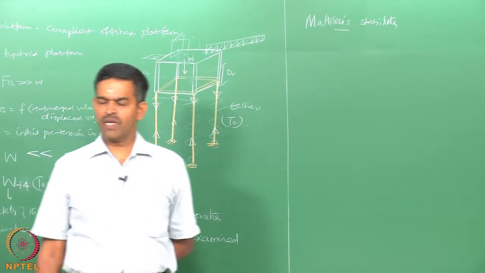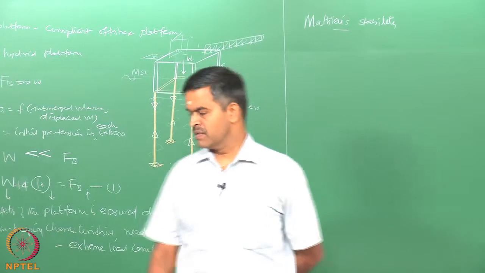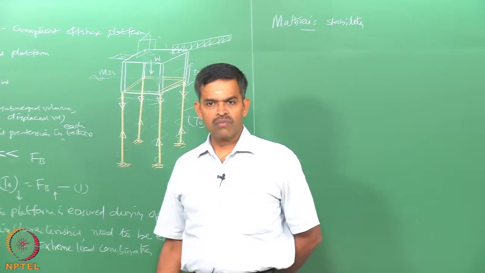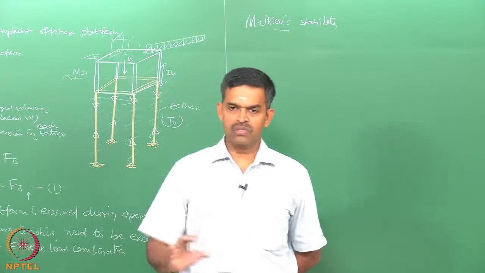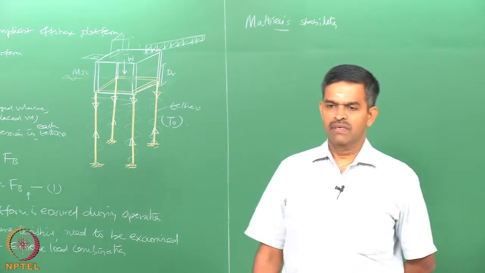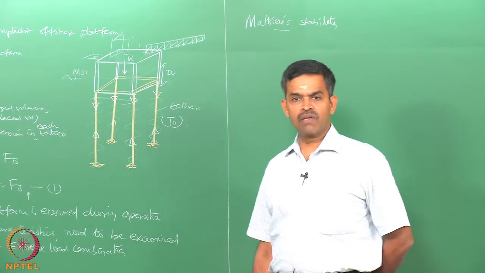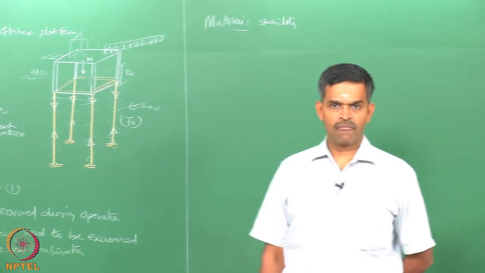So, the example what we will now discuss will assess a tensionless platform of a given installed platform in the sea state of a known sea state. We will assess the stability of the platform in terms of its functional safety. Okay.